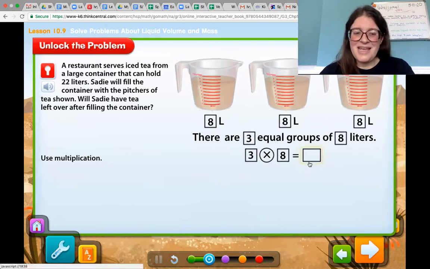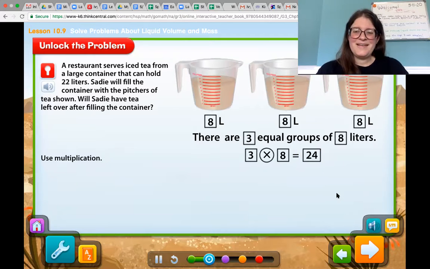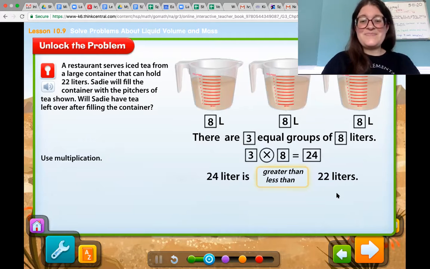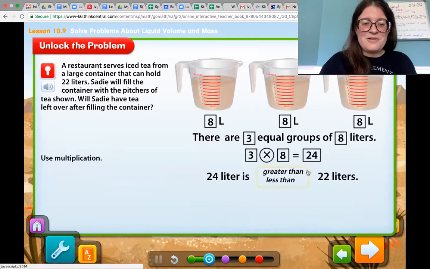Okay, and here's the answer. 24. Is 24 liters greater than or less than 22 liters? I remember learning about this. We spent a long time talking about greater than and less than. And do you remember us talking about the number line and putting numbers in order, the lower number before the bigger number?